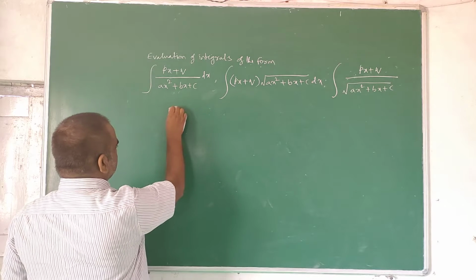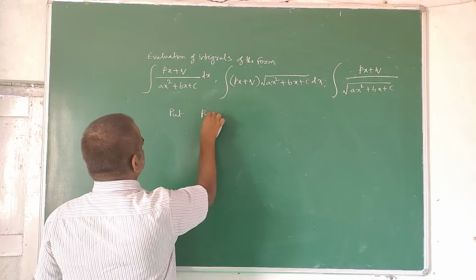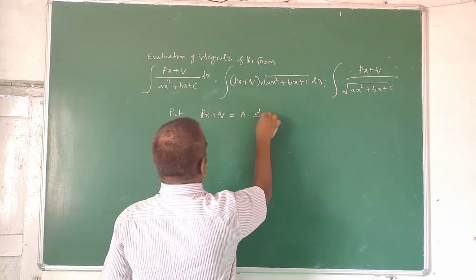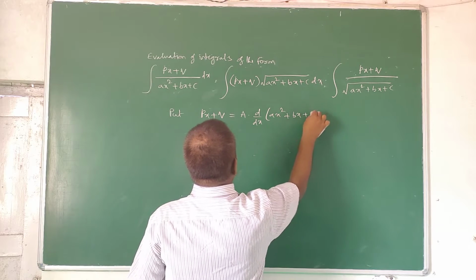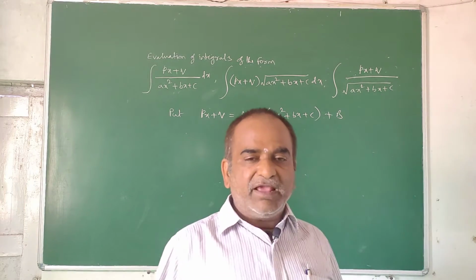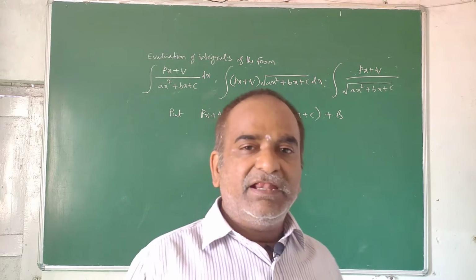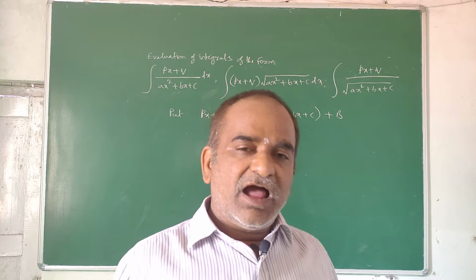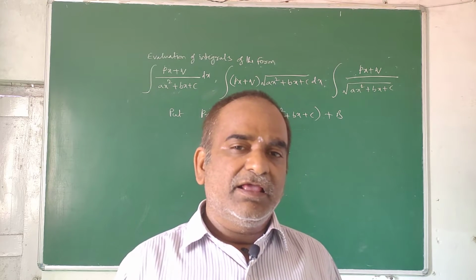Here what you have to do is put px plus q is equal to a into d by dx of ax square plus bx plus c, plus b. Now a and b are arbitrary constants whose values are to be determined. After determining, how we will evaluate, we will learn in an example.